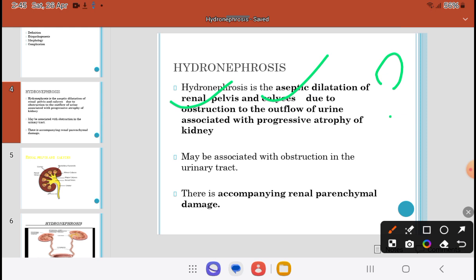Hydronephrosis is associated with progressive atrophy of the kidney, and the obstruction can occur in any part of the urinary tract. In the long term, hydronephrosis leads to renal parenchymal damage.